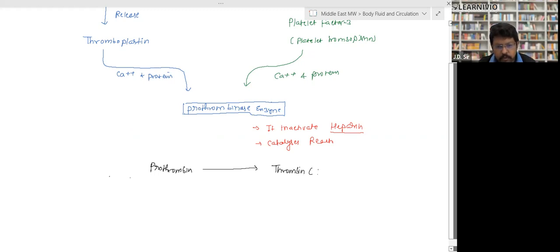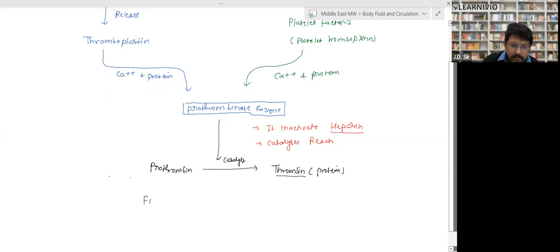Thrombin is a type of protein. So prothrombinase acts as a catalyst and converts prothrombin into thrombin, meaning it converts an inactive form into an active form. Again, the thrombin acts as an enzyme. What will this thrombin protein do?